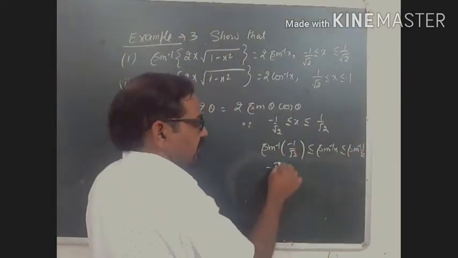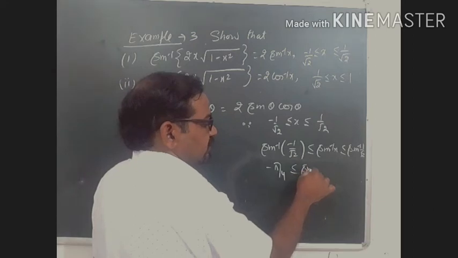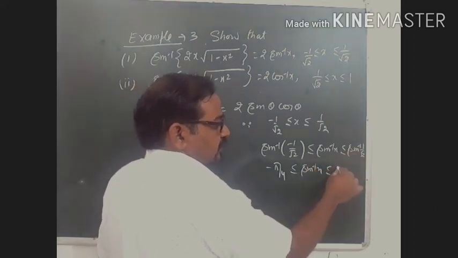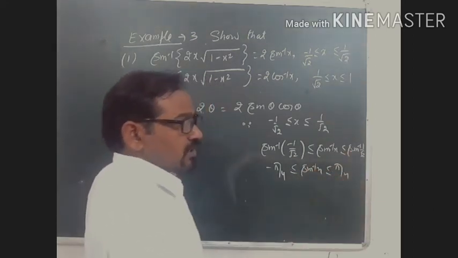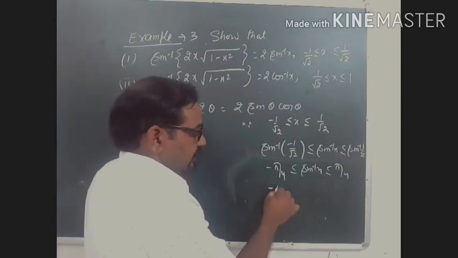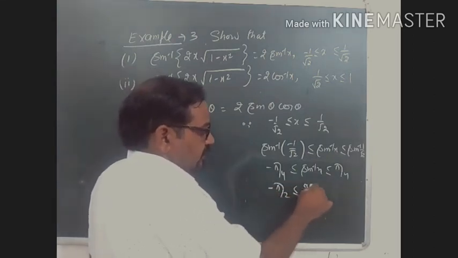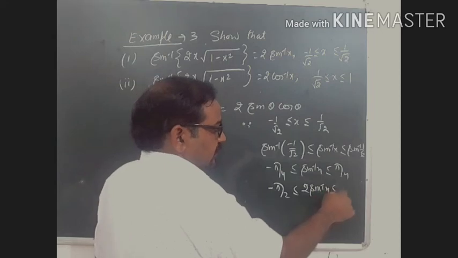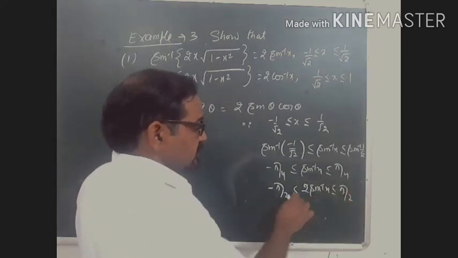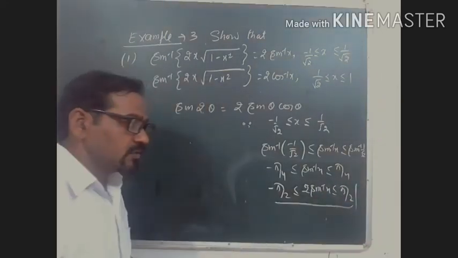Therefore, minus pi by 4 is less than or equal to sin inverse x, less than or equal to pi by 4. Now multiply by 2. Then minus pi by 2 is less than or equal to 2 sin inverse x, less than or equal to plus pi by 2. And this is the range of sin inverse.